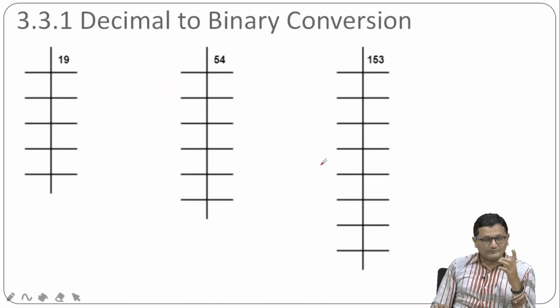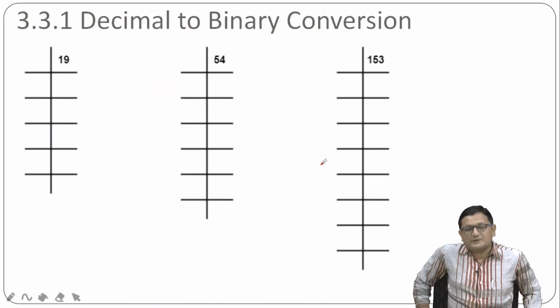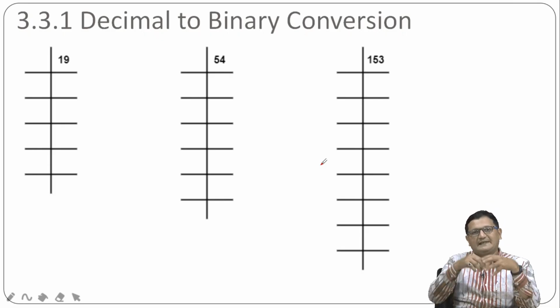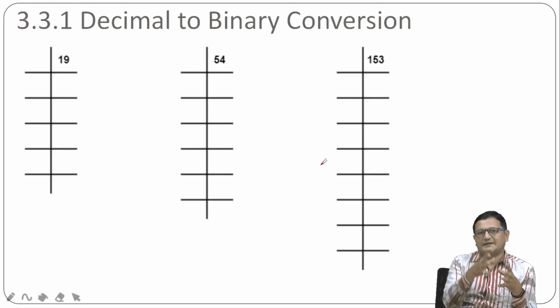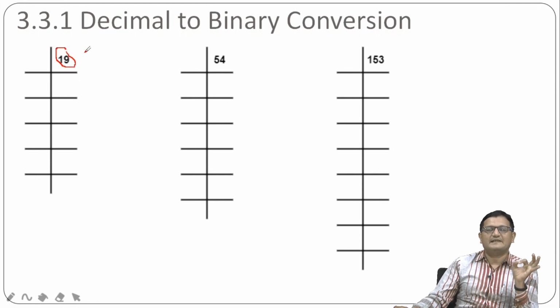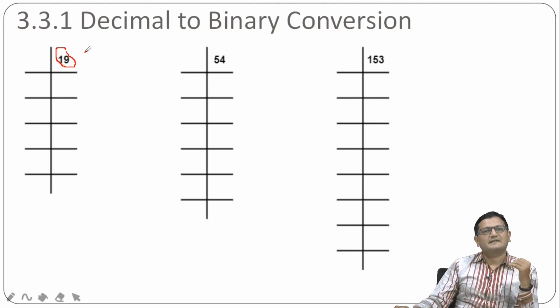Okay. Now, suppose we want to compute a binary, and 19 is the decimal number given to you. If you look at this number, you should know it is a decimal number. Why? Because 9 is there, and in binary 9 is not there. Suppose somebody has given you the number 19, and you have to convert it into binary.